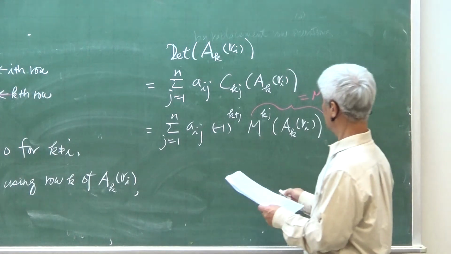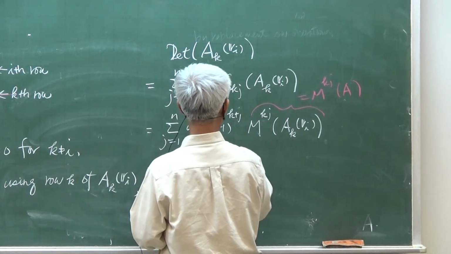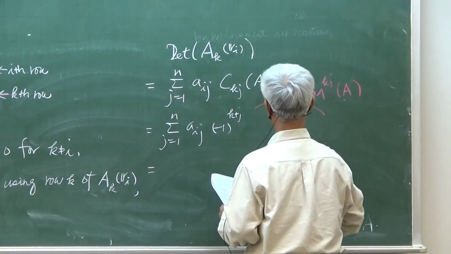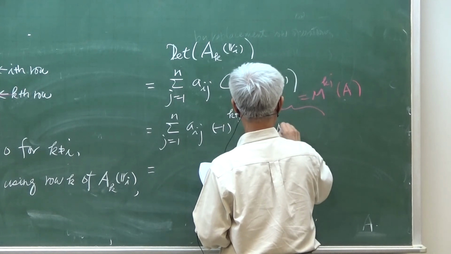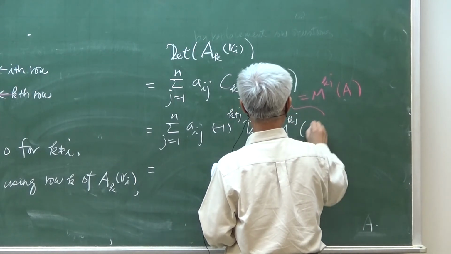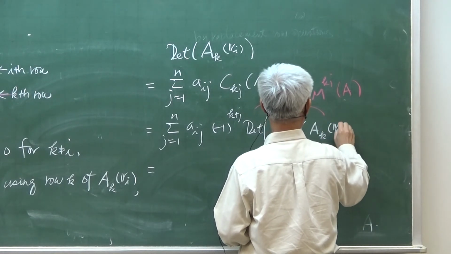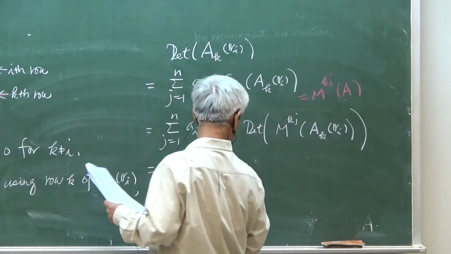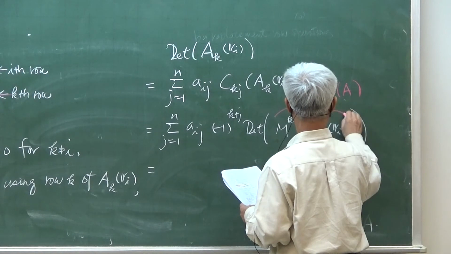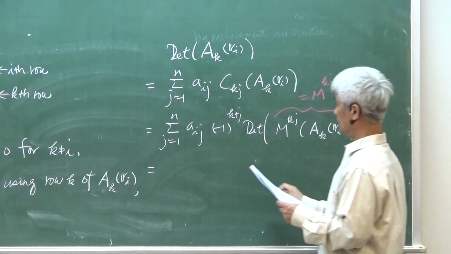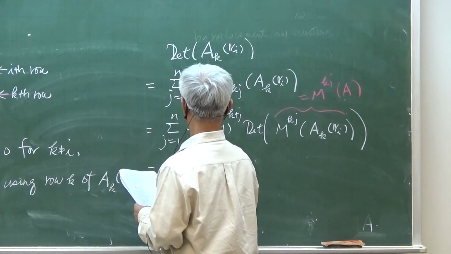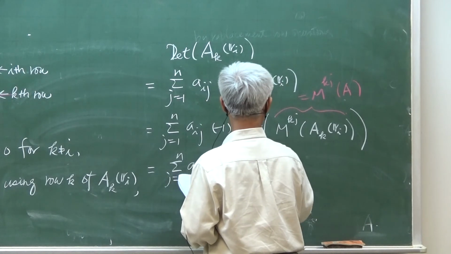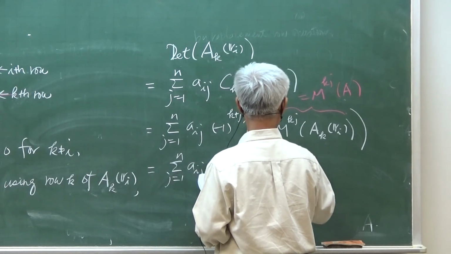Okay? And so now, I'm sorry, I forgot. So a_ij times (-1)^(K+J) times the determinant of M_kj of A here.